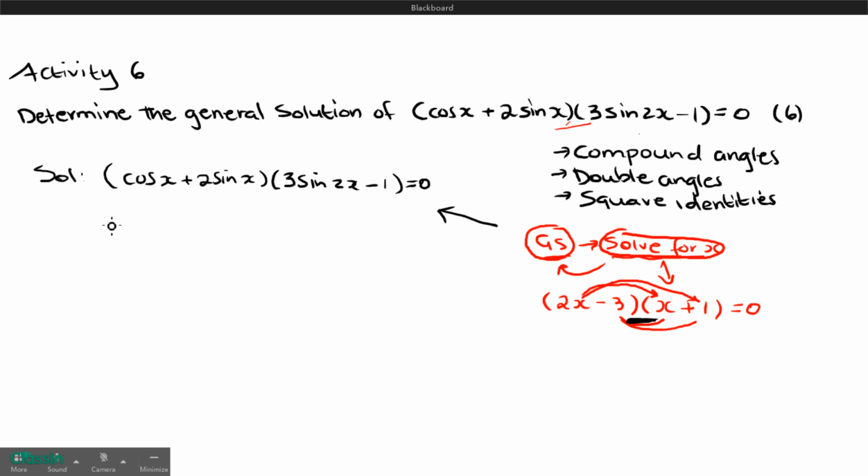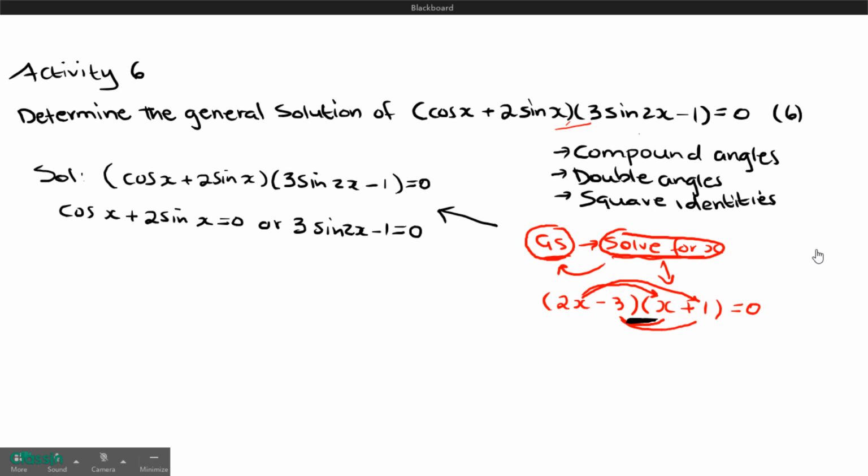So what you do is that you say cos x + 2 sin x = 0, or 3 sin 2x - 1 = 0.